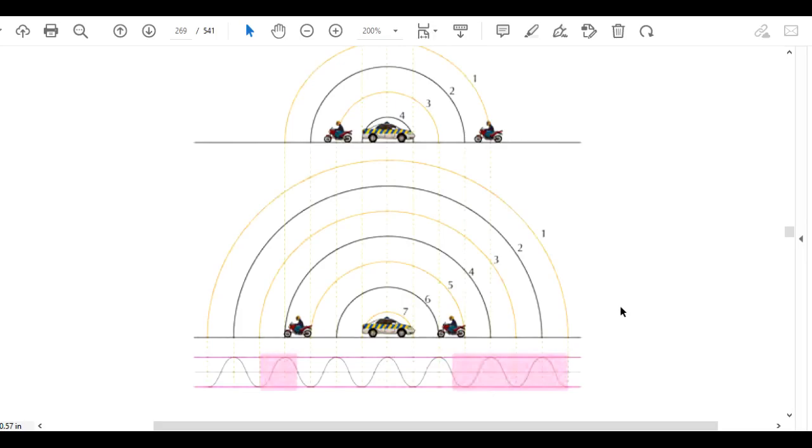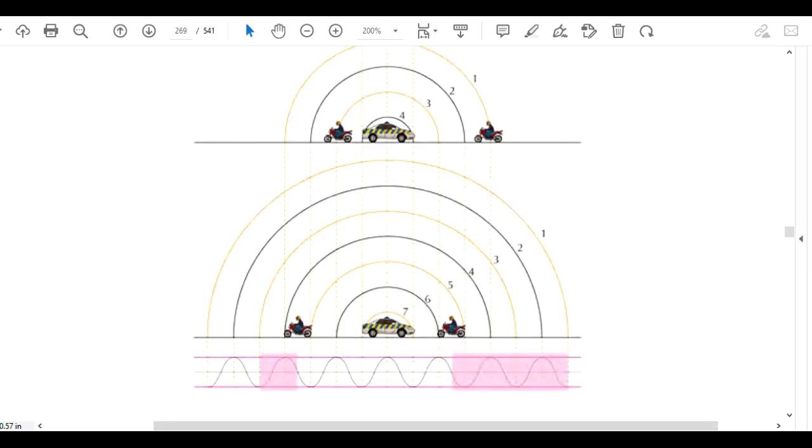So if I have more waves passing a fixed point per unit time, what does that mean? It means that the frequency will be high, because frequency is the complete waves passing a fixed point per unit time. So here the frequency will be low, and here the frequency will be high.